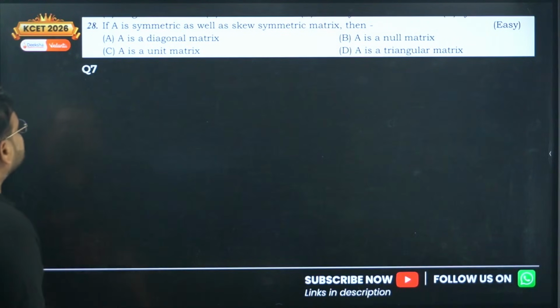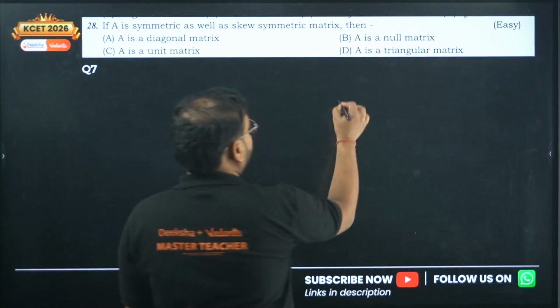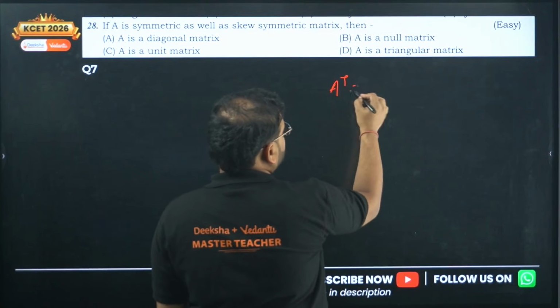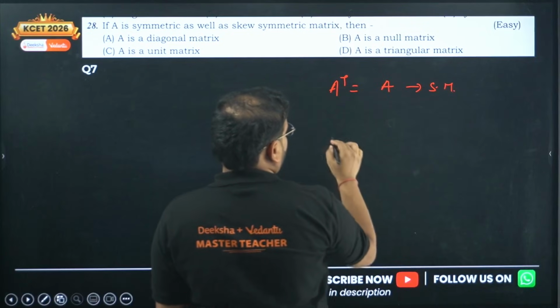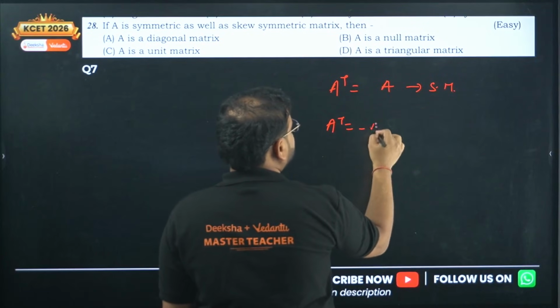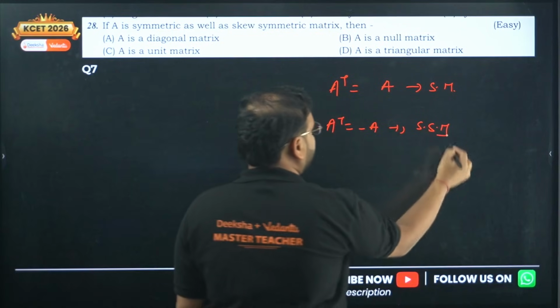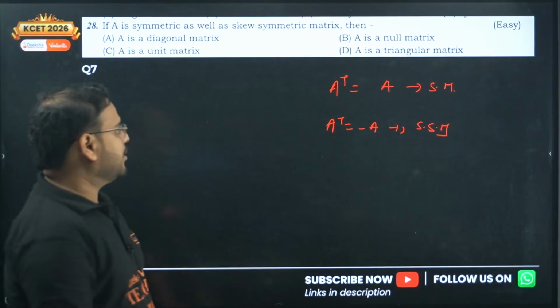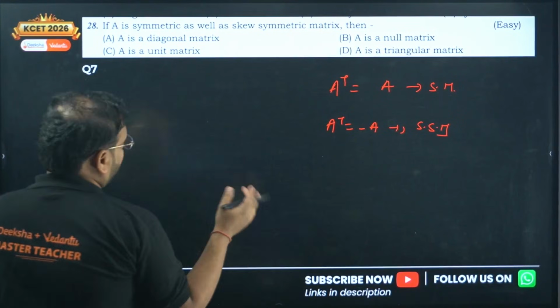If A is a symmetric as well as skew symmetric matrix, then what? The concept part here: A transpose equals A represents a symmetric matrix. Now when A transpose becomes minus A, this is your skew symmetric matrix. They are talking about the nature of this.